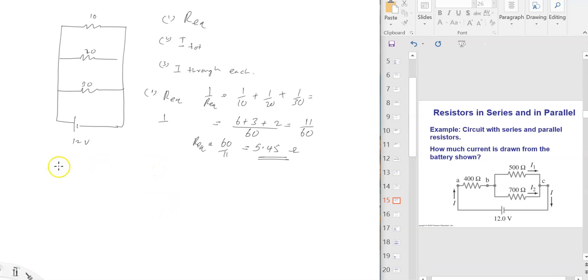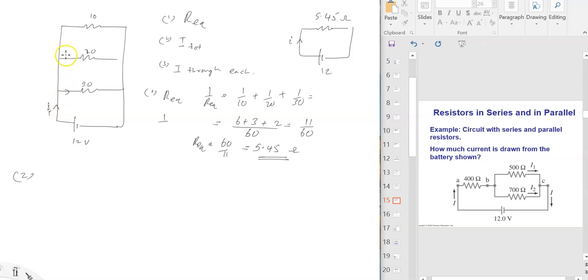Alright, total current. Now the idea is, this is like having a single resistor replacing all three connected to the same battery. So 12 volts and 5.45 ohms. What's the current? It will be the same current in this circuit. So the total current is this over here.